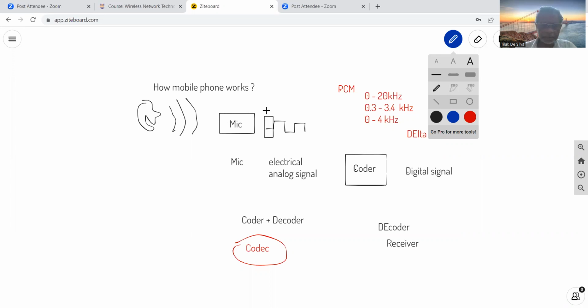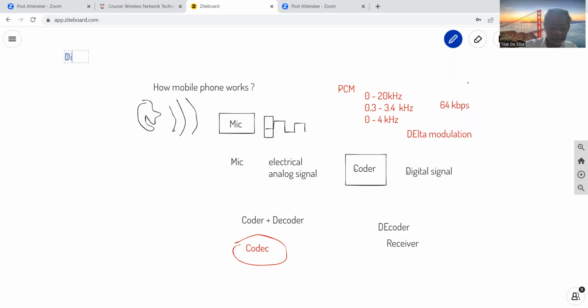This digital signal, we have to convert to analog signal before sending it to the free space. Right? Then how do you convert this digital signal again to analog signal? Digital to analog. How can you do that?